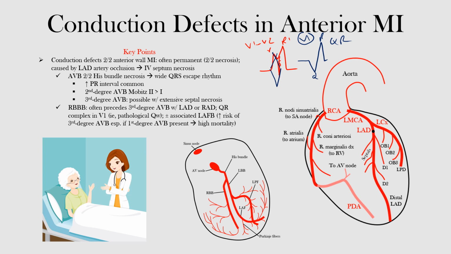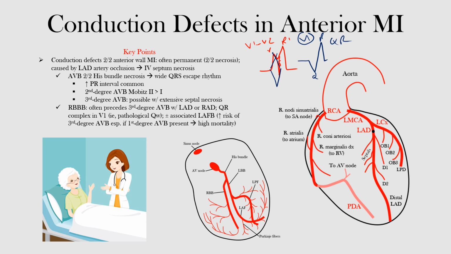Now, if you recall, it's not uncommon to have right bundle branch block associated with a left anterior fascicular block because both the right bundle branch and the left anterior fascicle are supplied by the proximal septal branches of the LAD. Therefore, if you obstruct the LAD, as in this anterior MI, it makes sense why you would see this bifascicular block appear. Now, as you may already know, the combination of right bundle branch block with left posterior fascicular block is not nearly as common.